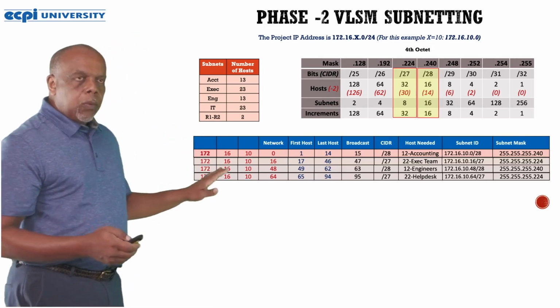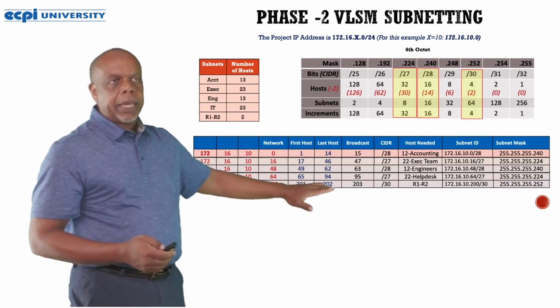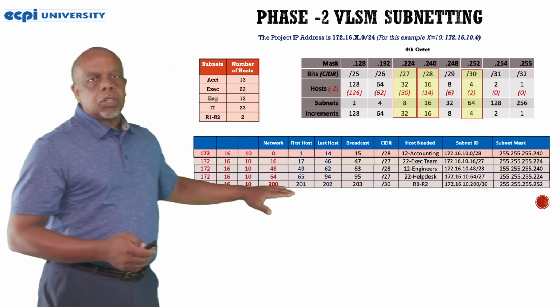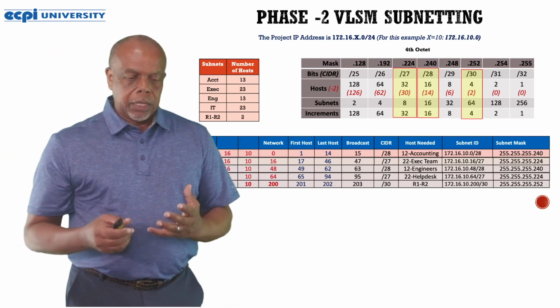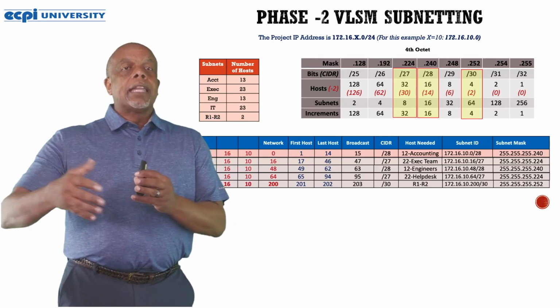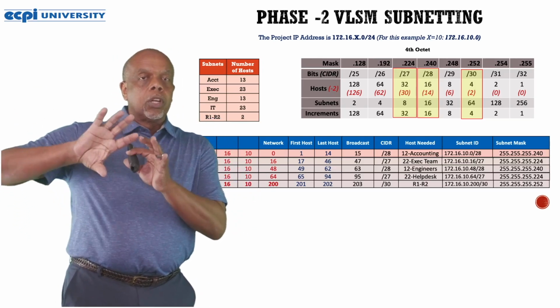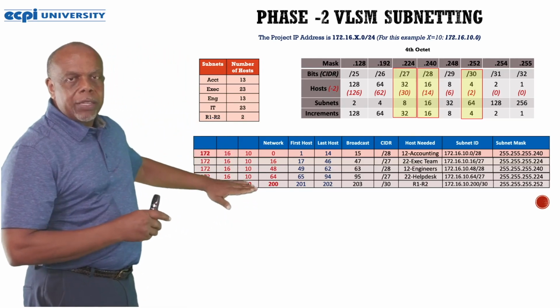When we build our network, we're going to jump down a little ways. We're not going to pick it up at 96. So we're going to move down to 200. Why do we do this? Well, a lot of times in the real world, when you're building a network, you may have to add additional routers later on. So you're going to push those out of the way a little bit. So that gives you some expansion room in the middle.